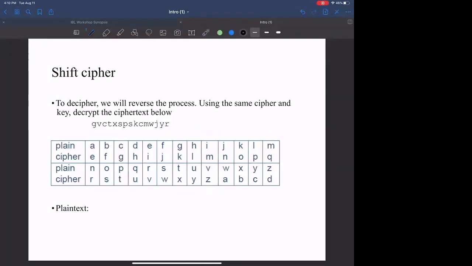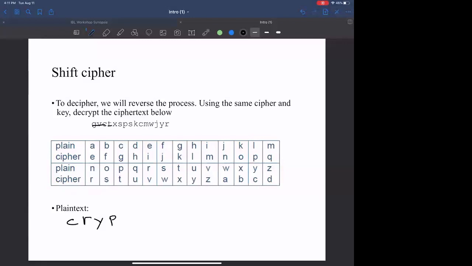And of course, to go the other way around, we have our table here, so we can go the opposite direction. Now, when I have my ciphertext, I just want to go look at the bottom row and move to the top row. So every time I see a G, I look for G, that's going to be a C. And when I see a V, where's the V? There's the V. Next is V. So we're looking for C. There's C. And that's going to be a Y. And we keep on going like that. I'm going to cross these letters off.